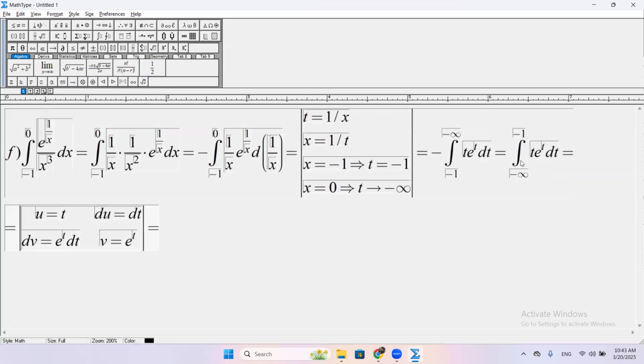Okay, calculating the integral. So t e to the power of t with the substitutions from minus infinity to minus 1, and minus the integral from minus infinity to minus 1 of e to the power of t dt.